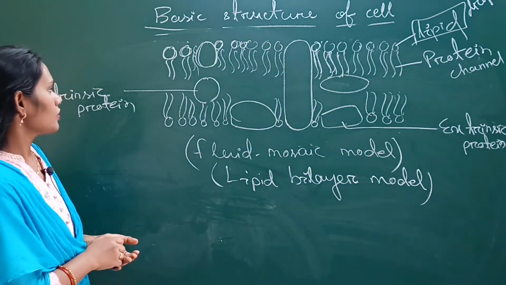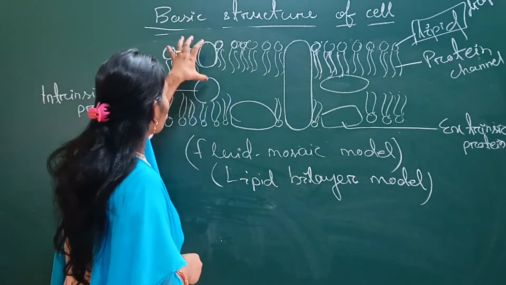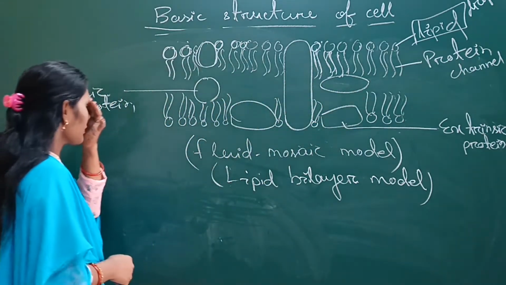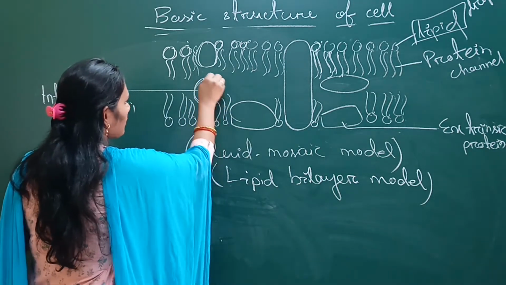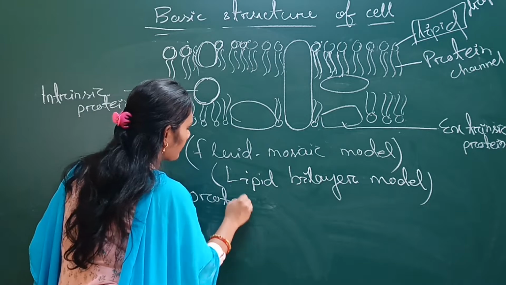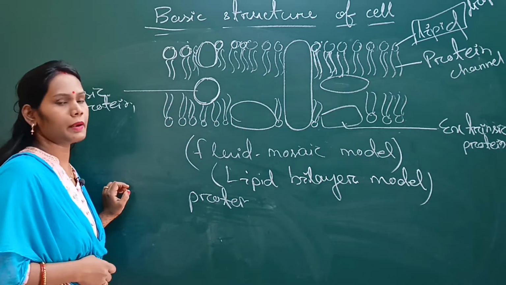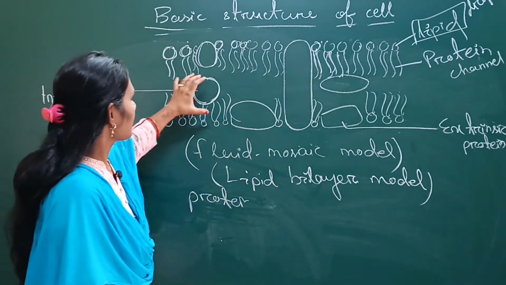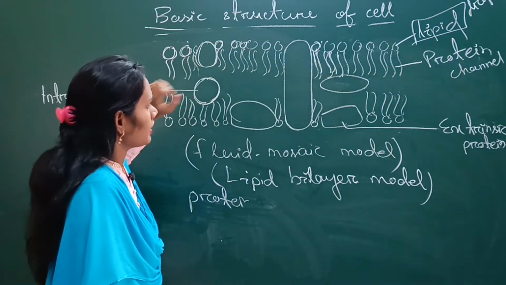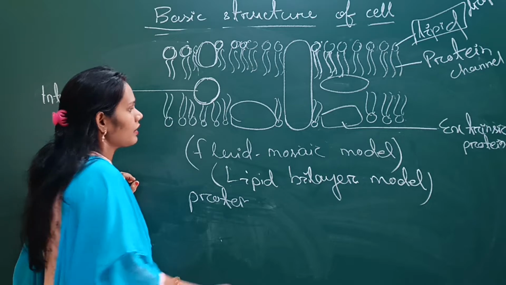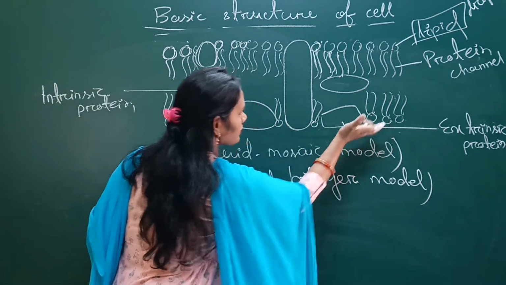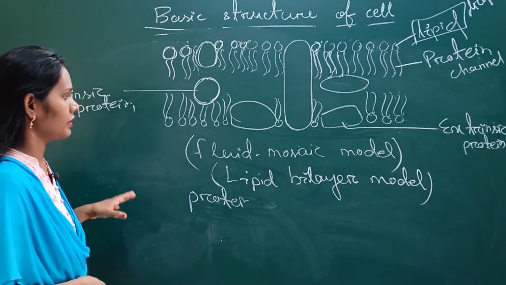Next, you can see some large round structures in this diagram. These are proteins, of two types. You can see some proteins are completely embedded within this model, and some proteins are present on the outer surface, just at the edge of the lipid and protein.